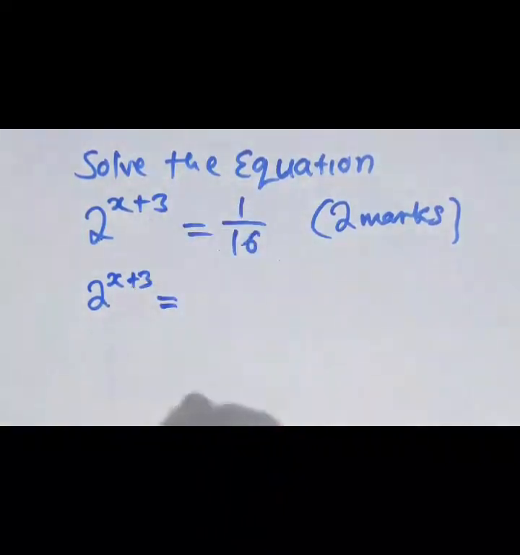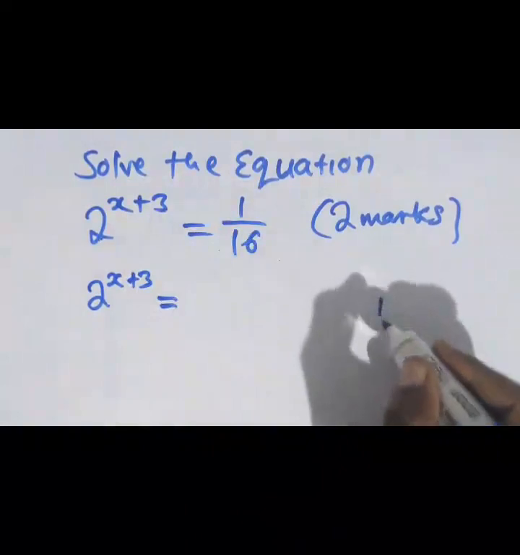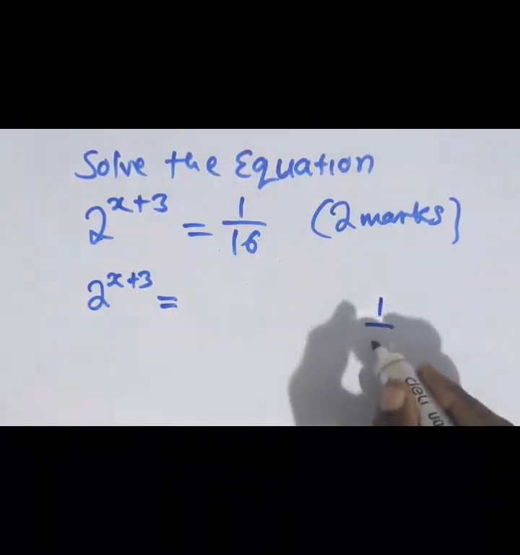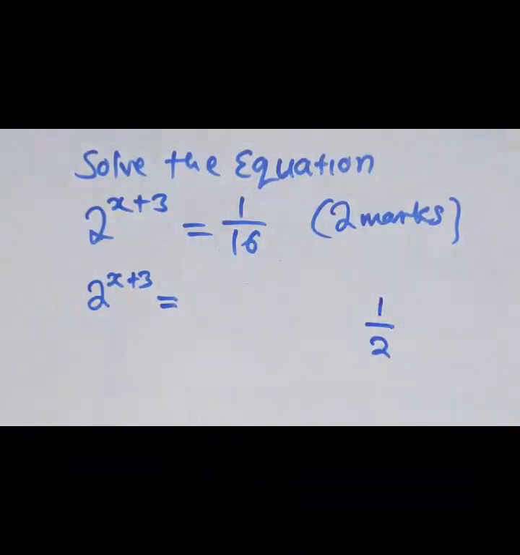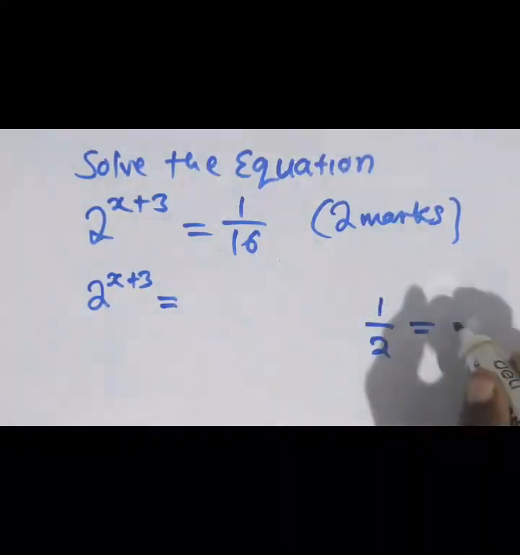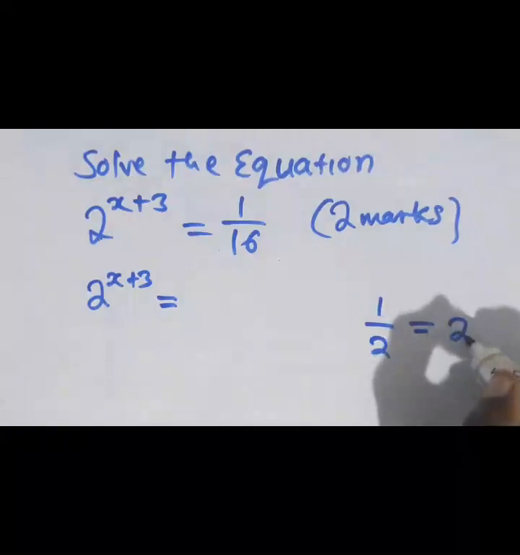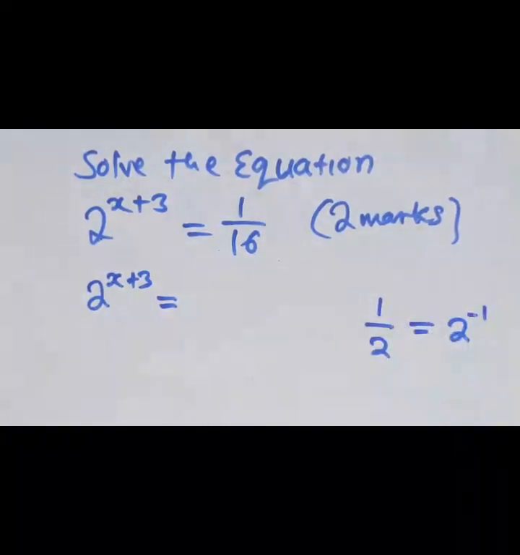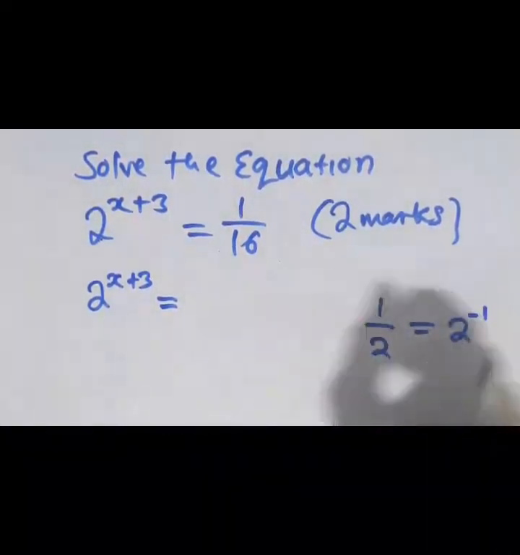When something is 1 over 2, it means it is 2 to the power negative 1.